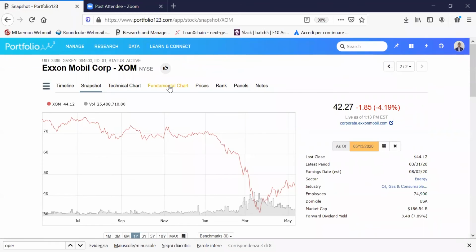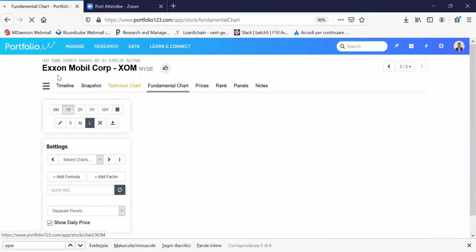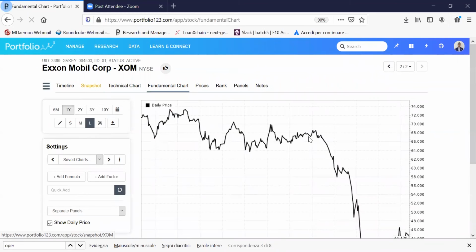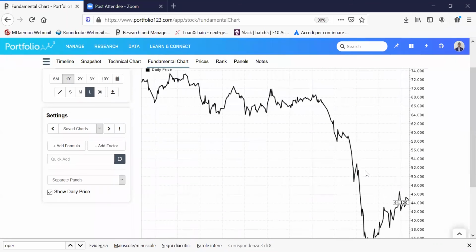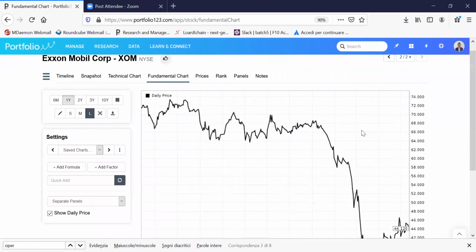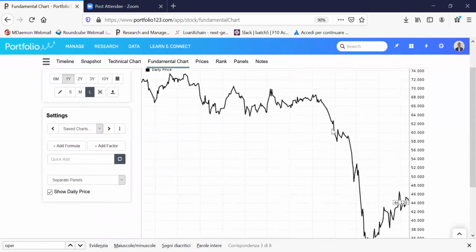So this is Exxon, of course, the big oil company. Oil, of course, is not the most desired asset at the moment, and we can see it from the price itself.